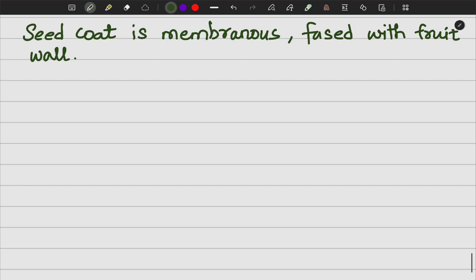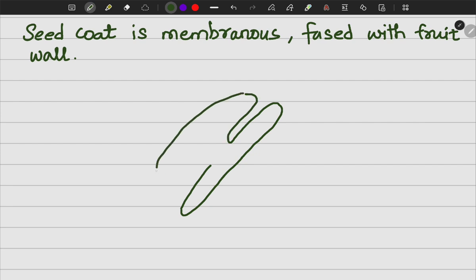Now, if we look at the structure of the embryo, there will only be one cotyledon because it's a monocot seed. So I will draw it a bit slanted. If this is the embryo, then it will only have one cotyledon, which is not well developed.